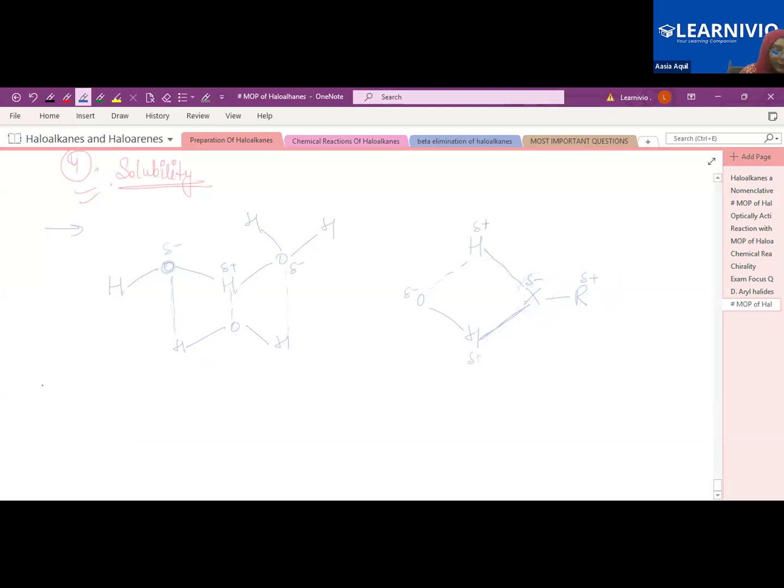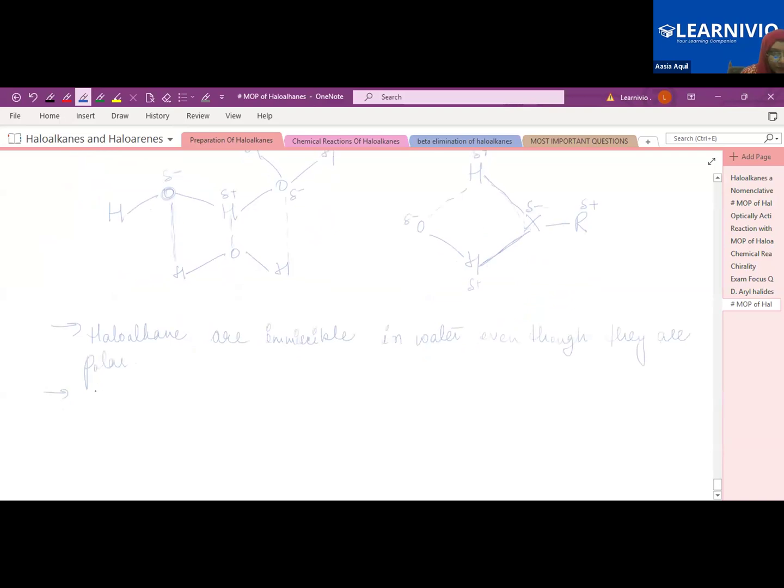Okay, so write down this point. Haloalkanes are immiscible in water, even though they are polar. Now, write down the reason.